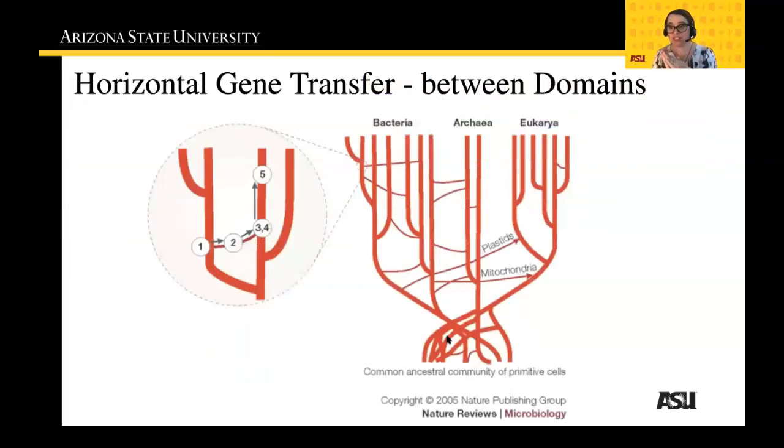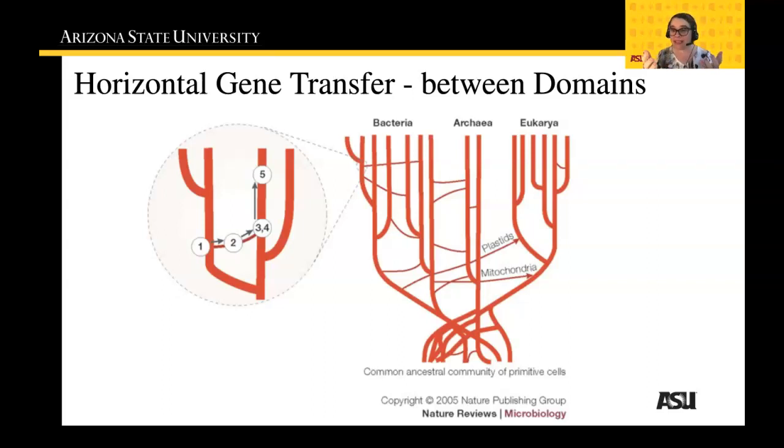Transfer of genes horizontally occurs between domains as well. We see this with endosymbiosis, right? In that bacteria had plastids, and over time, we've seen plants have plastids. The mitochondria form from sulfur or purple bacteria, right?